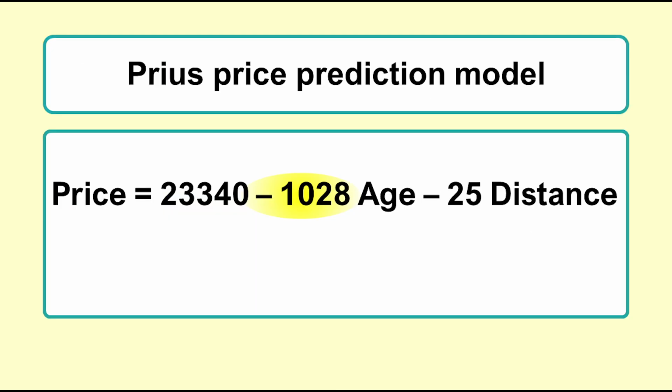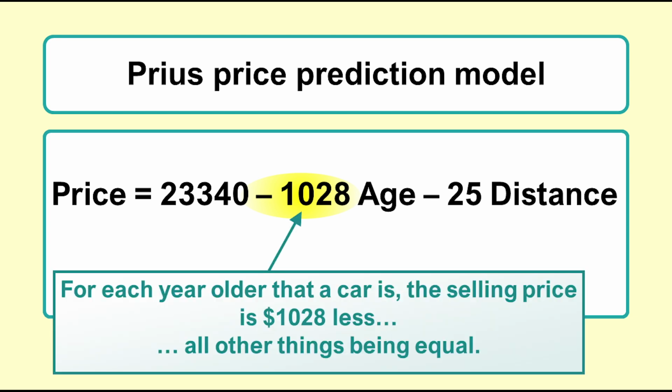In the Prius prediction model, the value negative 1,028, which is the coefficient of age, tells us that for each year older that a car is, the selling price is $1,028 less, all other things being equal.